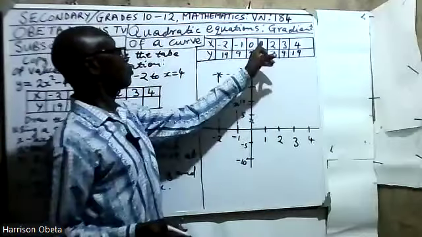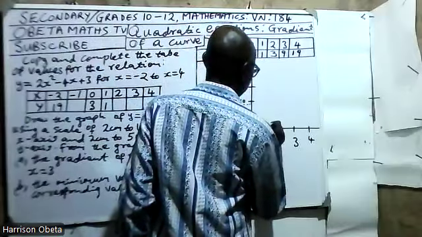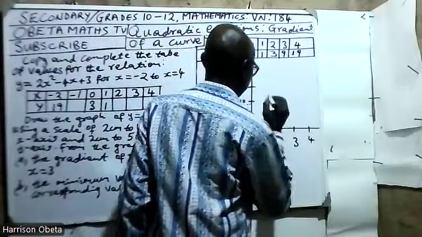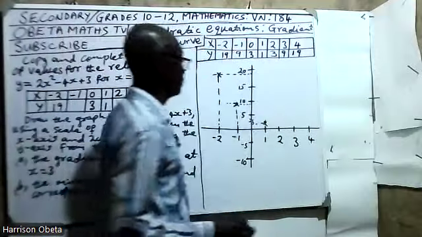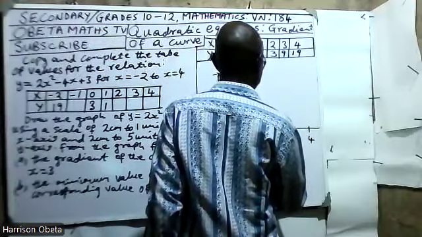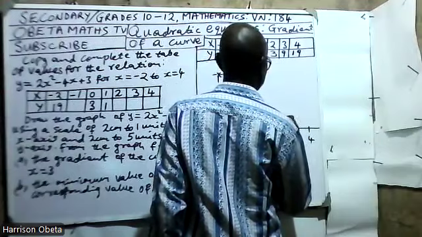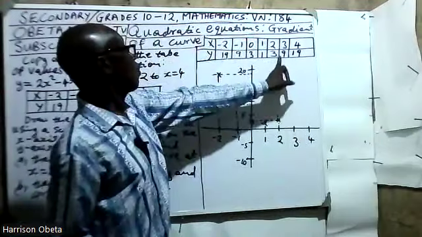Then when x is 1, y is 1. When x is 2, y is 3. When x is 3, y is 9.